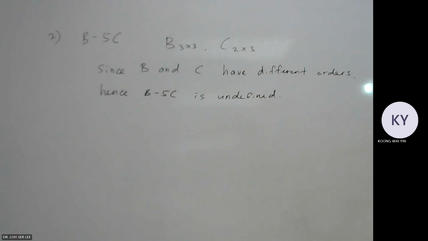Number 3. Okay, you can find D transpose first before you multiply by 6.